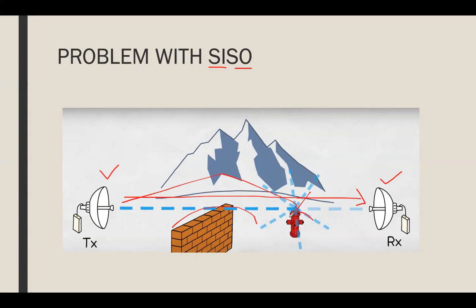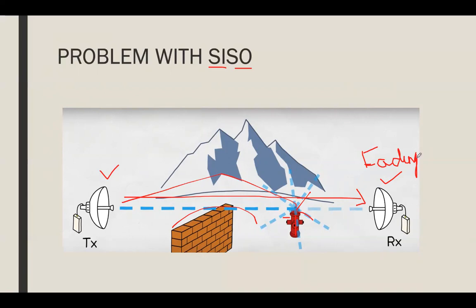When such a signal reaches the receiver, there is a very high possibility of fading occurring in the system. So such a system will have a very poor signal to noise ratio, and the capacity and reliability of the system are very low.